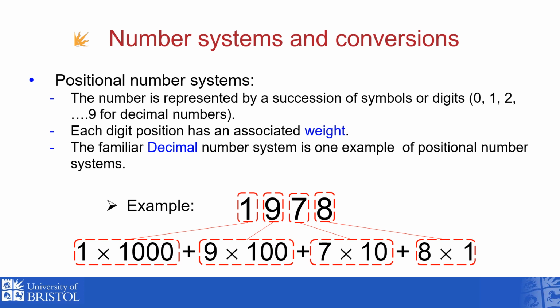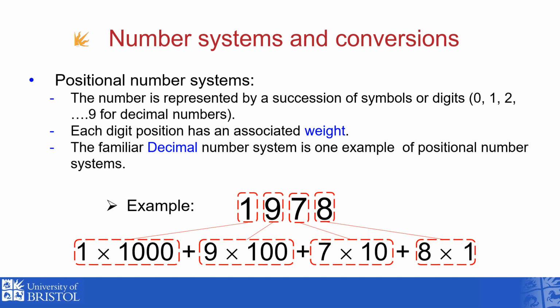Now, I read those weights from left to right because naturally humans read numbers from left to right. Nevertheless, well, maybe I'm wrong on that, because in some cultures they read numbers from right to left probably. But the point here is that in the examples we're going to see next, and in general from now on, you should be treating numbers from right to left based on their weight.